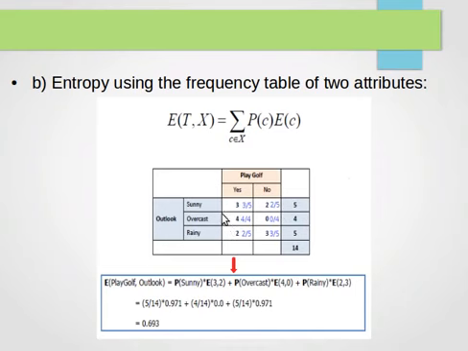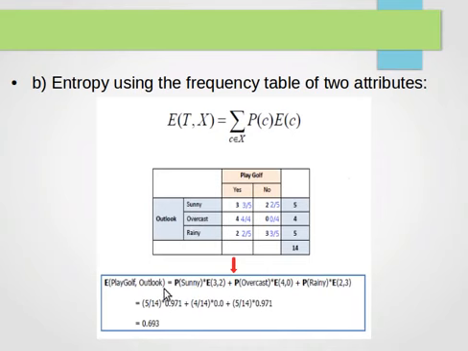Now what we do is compute the entropy for the target when we split by Outlook. The way we do that is we take the probability of the category times the entropy of that category, over all values of the category.